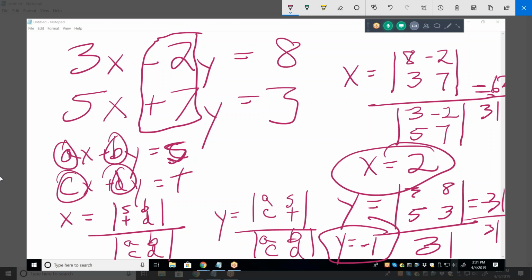It might still be easier than Cramer's rule. But when you start getting to 4 by 4s or 5 by 5s, now all of a sudden Cramer's rule is way easier. Because what you're doing is putting all of these into a calculator as a matrix. So it doesn't matter if it's a 5 by 5, it's the calculator that's going to figure out what the determinant is. Yes, sir.